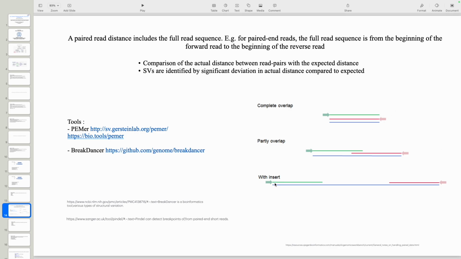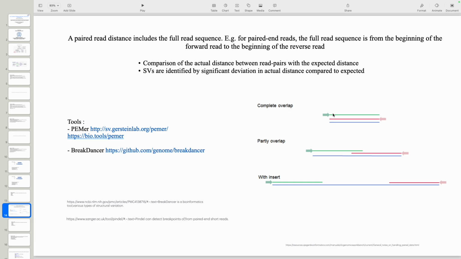So if we find the read pair distance between these two reads, we can comment that there might be some structural variation. If there is an increase in the read pair distance, we can say there is an insertion or a duplication. Or if there is a decrease in the read pair distance, then we can say that some deletion might have happened.